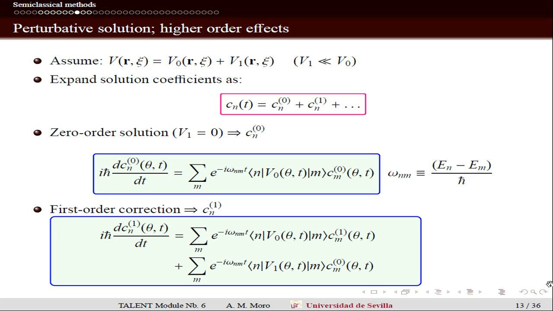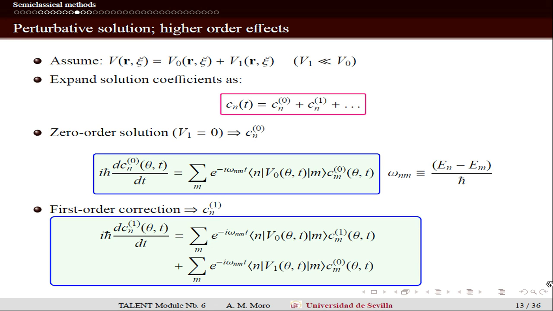So, for example, one of the meanings of these high order effects: imagine that we start from our interaction, and that this interaction can be separated. Before that, we did a separation between a potential that does not produce any excitation at all, and then the rest of the part. But this part that produces excitation maybe can be also separated into different pieces.